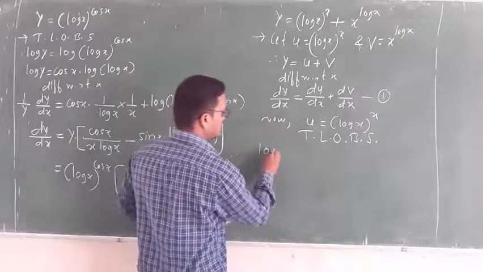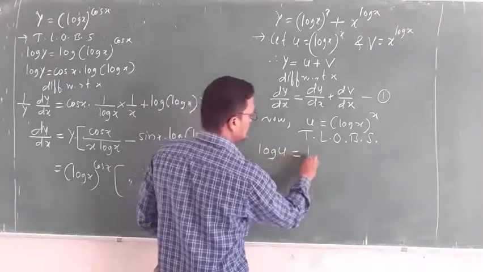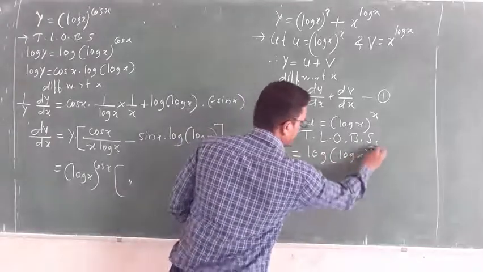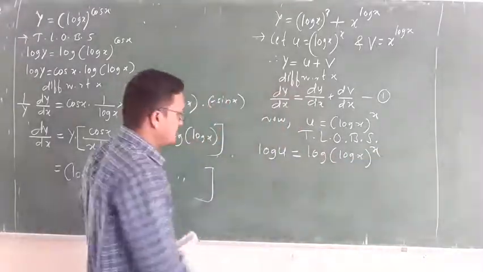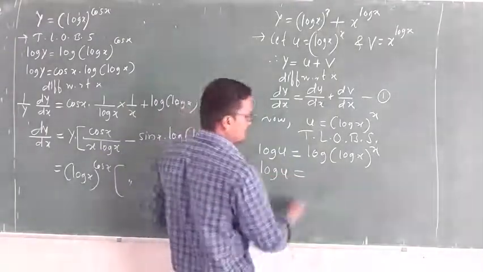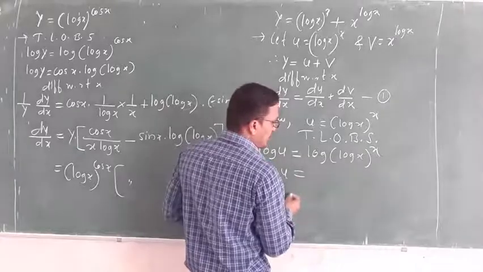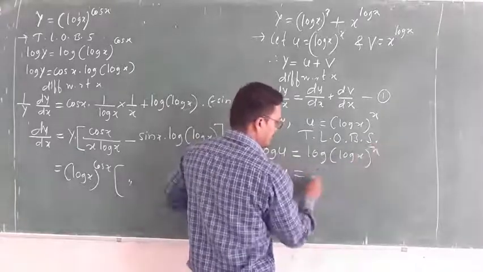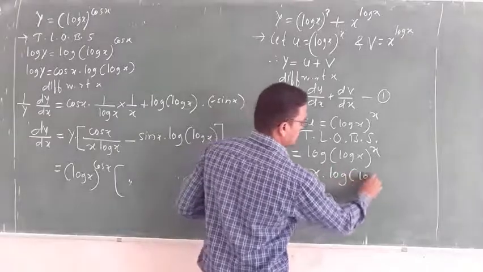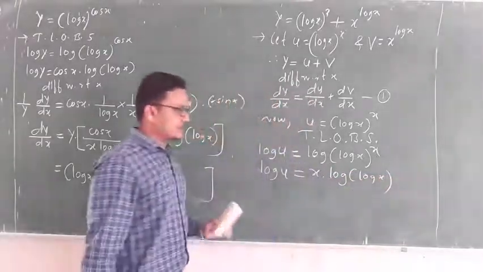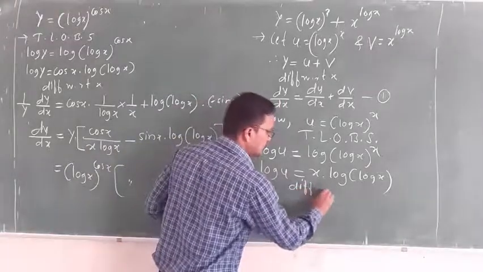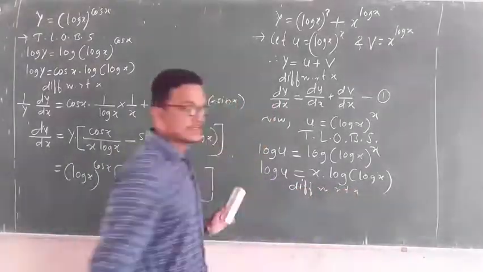log u is equal to log of log x to the power x. Log u as it is, which is equal to, see, you have to use the logarithmic property, log x to the power n. So n is x here, so x into log of log x. Once you apply the property, we have to differentiate with respect to x.